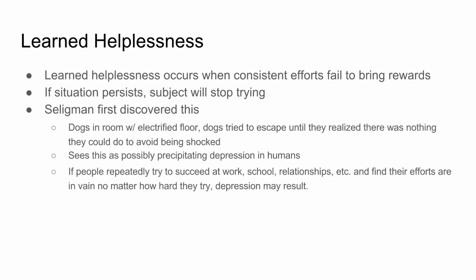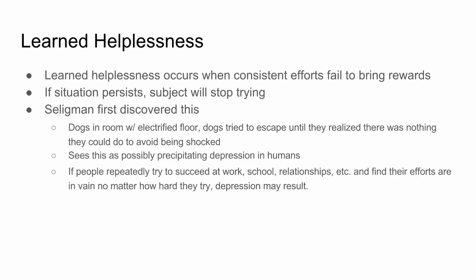And then the last thing we'll talk about is that sometimes with operant conditioning, we can develop something called learned helplessness. And this is when consistent effort by people fails to bring a reward. So if someone is trying and trying and trying and constantly failing, eventually the subject is likely to stop trying entirely.